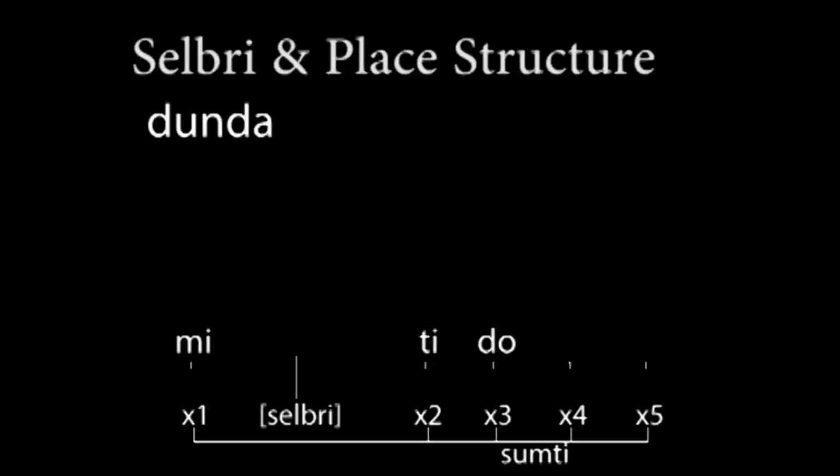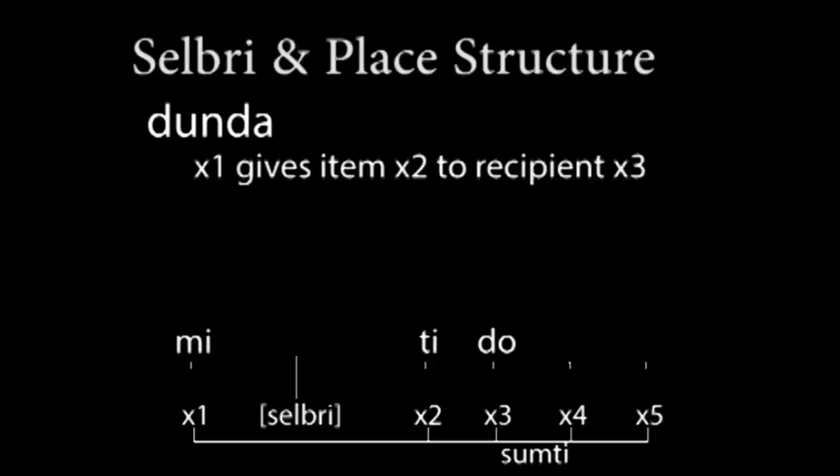The place structure for dunda is x1 gives item x2 to recipient x3. This definition, or place structure, tells us exactly what each of the sumti in our bridi are doing. If we label each sumti with its corresponding role from dunda's place structure, we can gain a very clear idea of what this statement proposes.